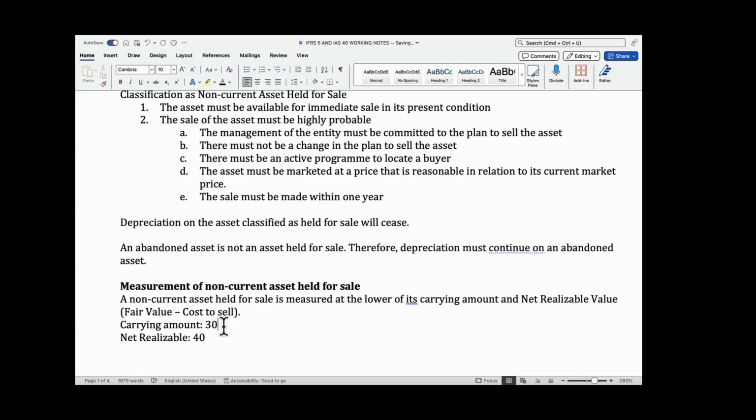However, if the net realizable value happens to be 20 naira, it means that you can no longer measure the asset at its book value.